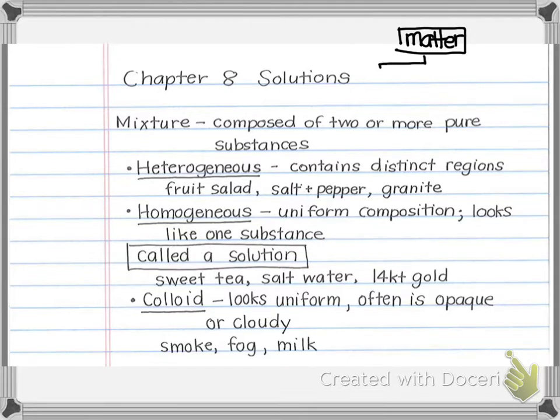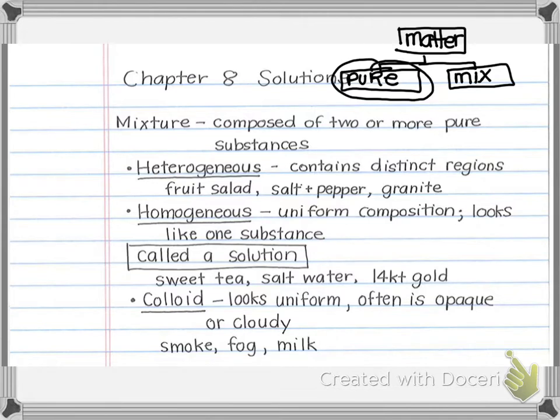and it was divided into two categories, pure substances, I'll just write pure, and mixtures. Now, mixtures are formed when we take two or more pure substances and mix them together.